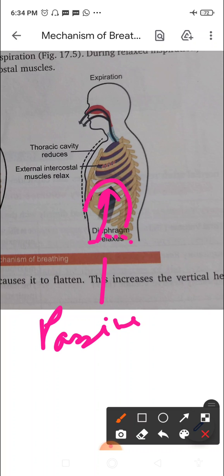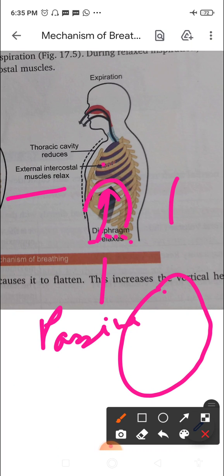The internal intercostal muscles contract. So when they contract, they will pull the ribs inward and downward. And when the internal intercostal muscles contract, the external intercostal muscles relax. Due to this combined action of the diaphragm, earlier the thoracic cavity was this much, now it becomes this much, right?